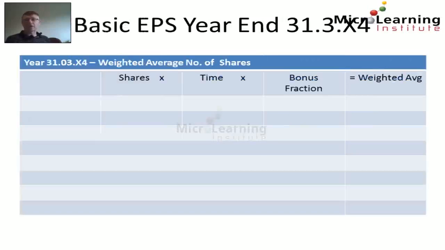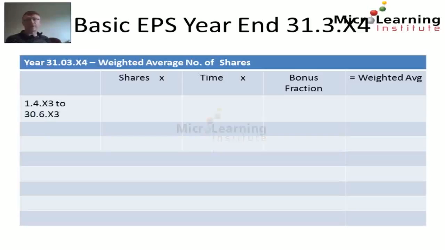So this allows us now to calculate the basic earnings per share for the year end, the 31st of March 20X4. Firstly, let's look at the first period from the 1st of April to the 30th of June X3. The number of shares, as we said, was 40 million for a 3-month period.